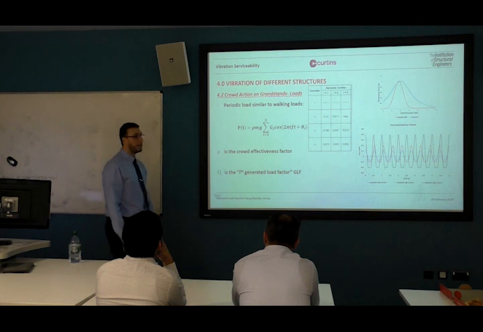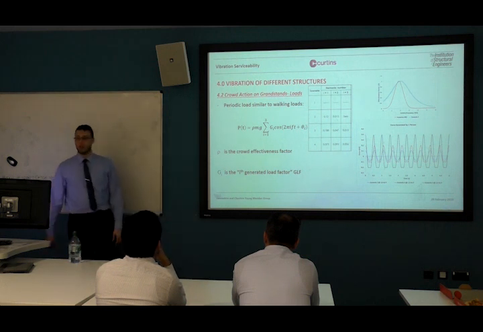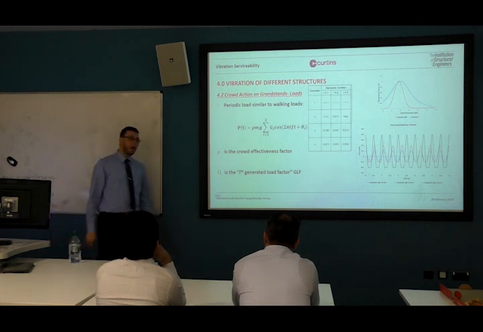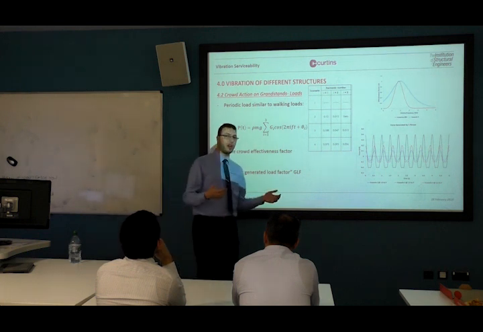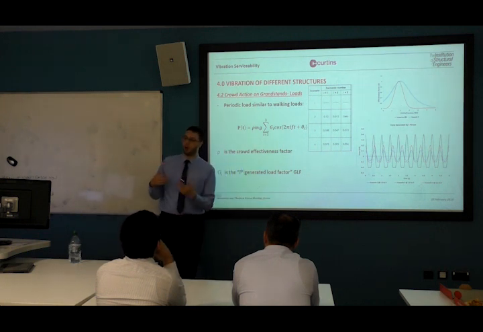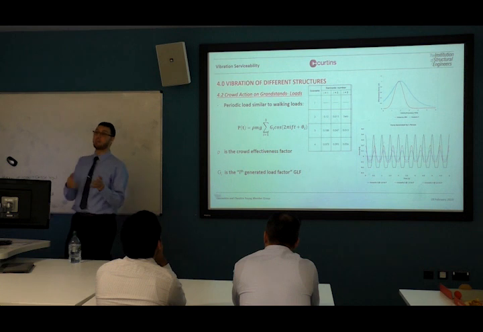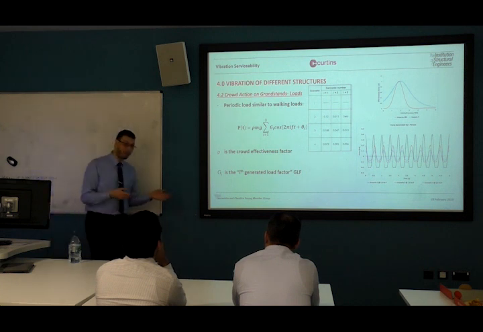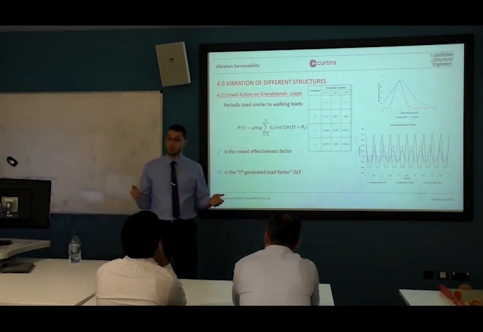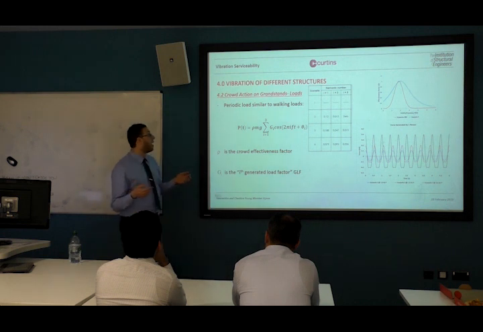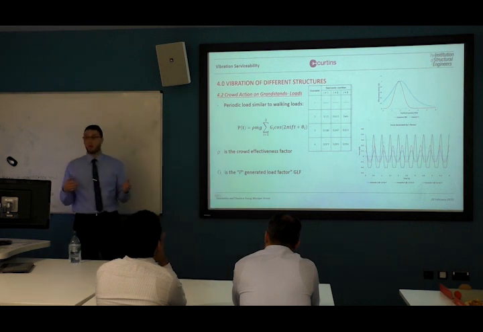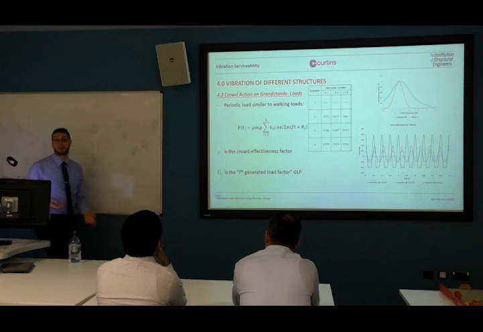So rho is the effectiveness factor, which means that not all audience are the same age, not all of them can jump at the same time.